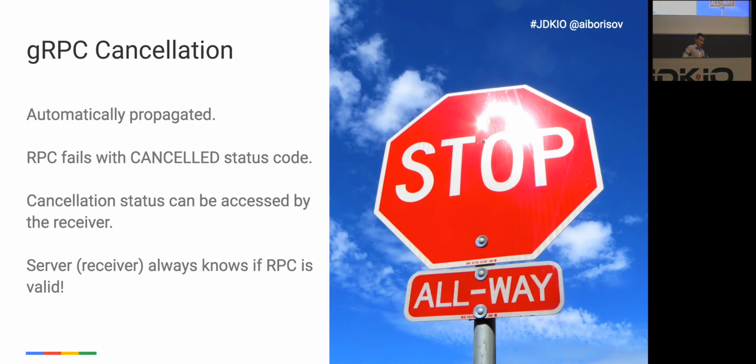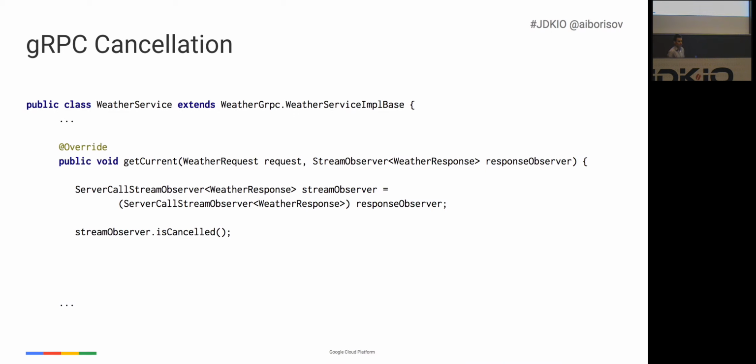You don't have to specify anything. When your incoming gRPC call is cancelled, all outgoing gRPC calls made from the context of this call will be cancelled automatically. They all will fail with the cancelled status code. And the server always knows if the request is still valid, and we can access this cancellation status. In fact, our stream observer provides us more than 3 methods, onNext, onCompleted and onError.